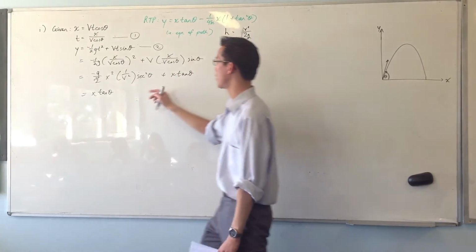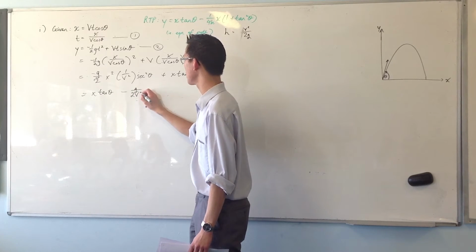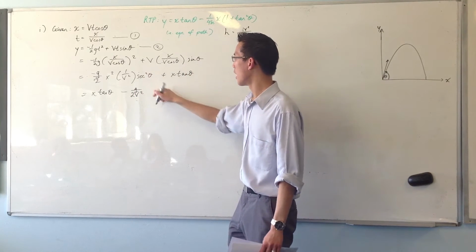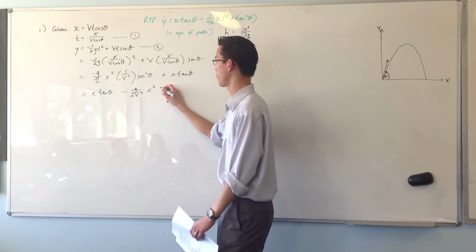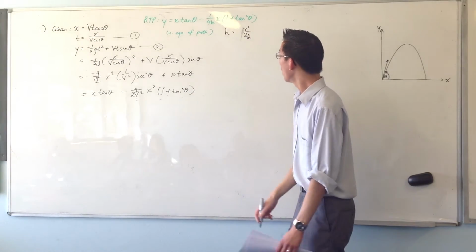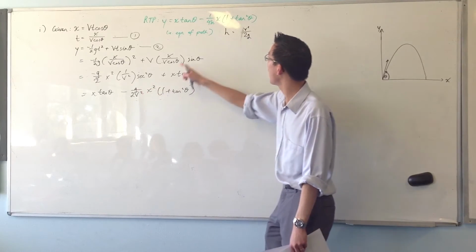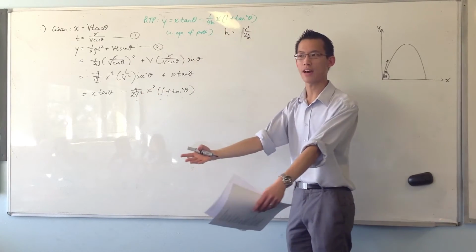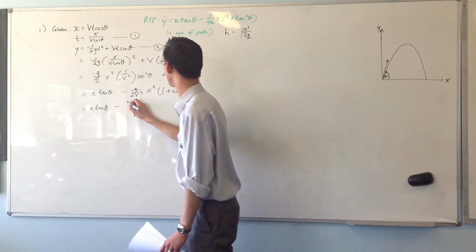So what am I going to have? I've got my minus g on 2v squared, x squared, and now I can turn that into my 1 plus tan squared, okay? Now I think that's basically enough. You can see here where this is going to go, and they've provided that value of h to you. So I think it's enough to then give the provided value.